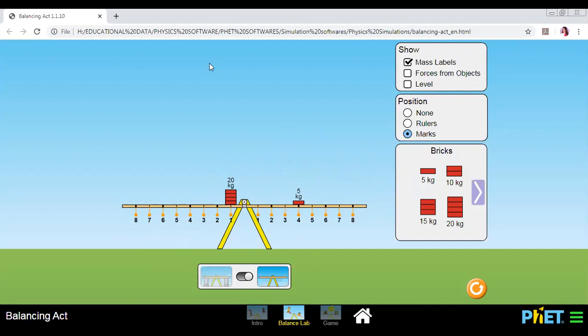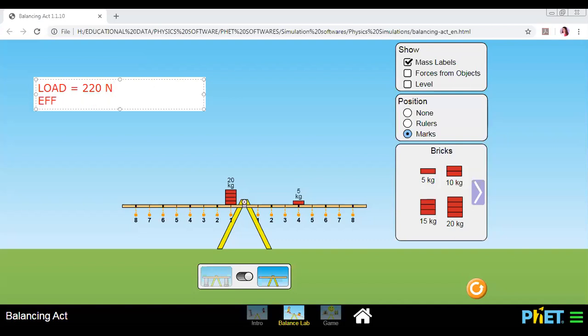So what is the load? Let's find out. Here our load comes out to be 200 Newton. And how much is the effort? The effort we are applying is 50 Newton. Let's find out the MA.